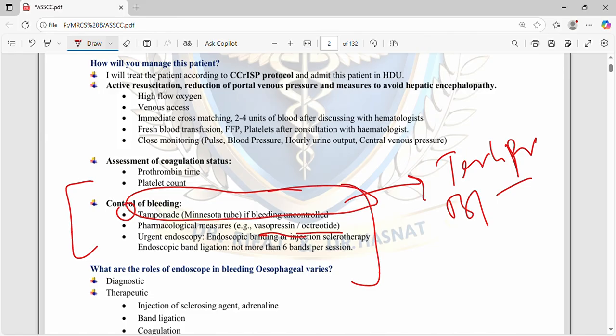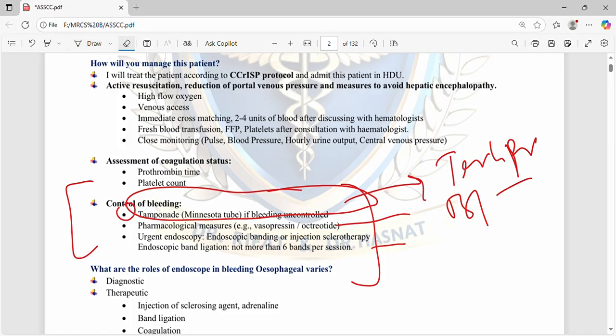So first in the algorithm is pharmacological, and then you go for urgent upper GI endoscopy, where you will do banding or injection sclerotherapy. Endoscopic band ligation, not more than 6 bands per session, and then if it's not stopping, we can go for the Minnesota tube.